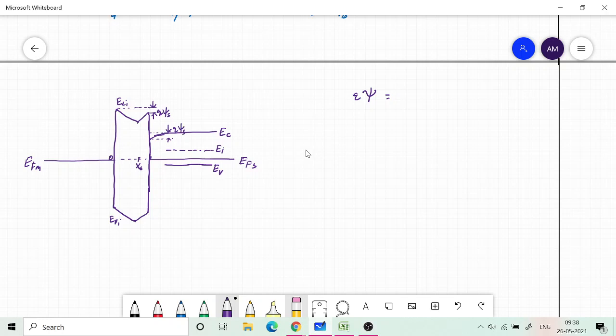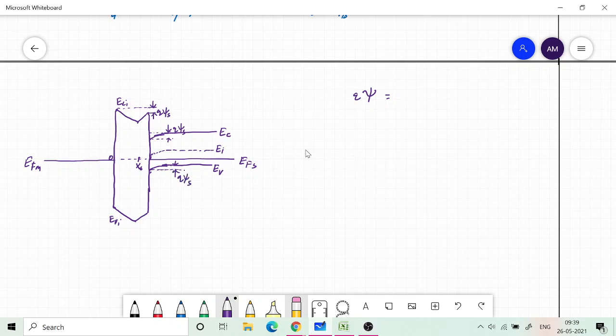So every band will bend here. So now itself you can see why there is a flat band voltage that you need to apply in order to make them flat. They are not flat now. Okay, this may not be exactly correct, roughly this much. So this bending is Q psi s in the energy band diagram.